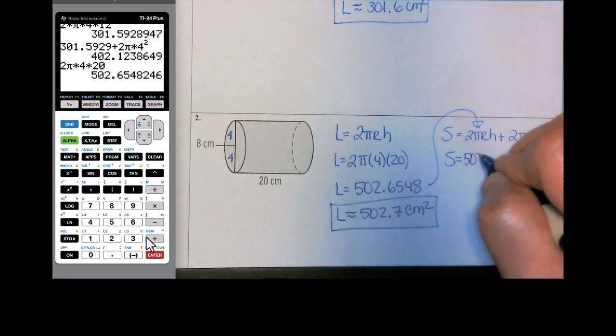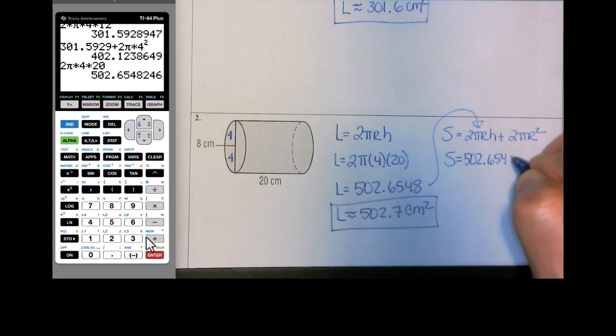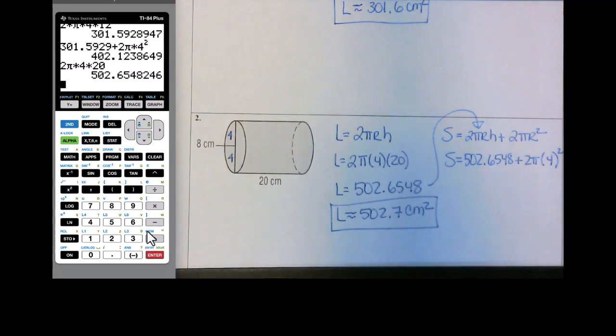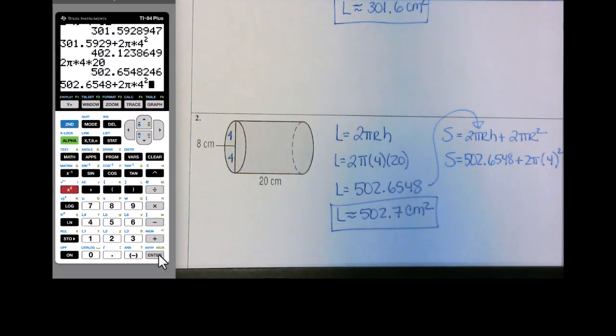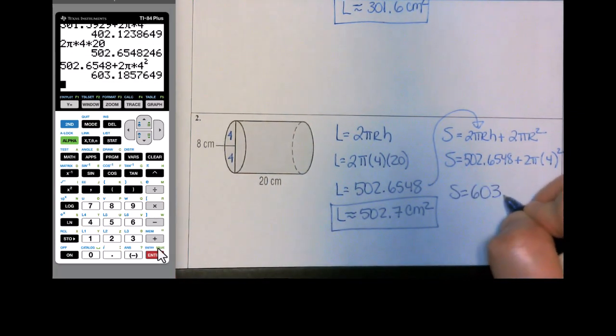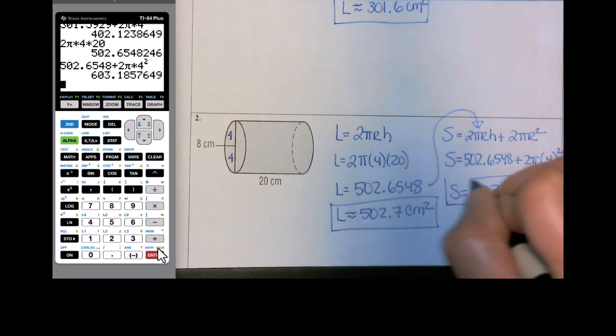So I'm going to use 502.6548 plus 2 pi times the radius, which is 4. And then we're going to plug it in the calculator. 502.6548 plus 2 second pi times 4 squared. And we get the surface area to be 603.2 centimeters squared. And there we go.